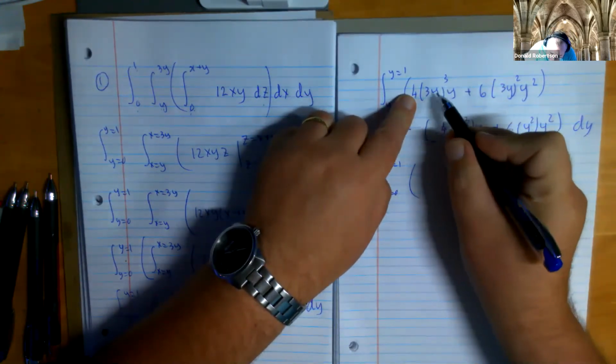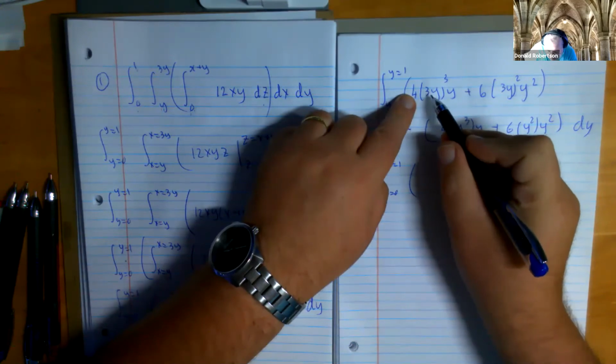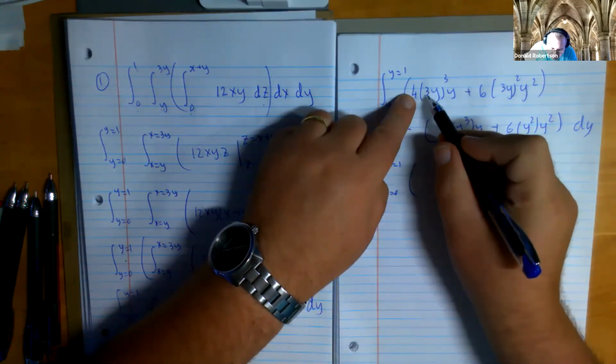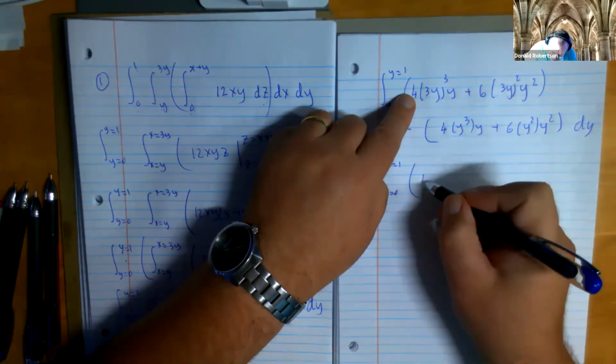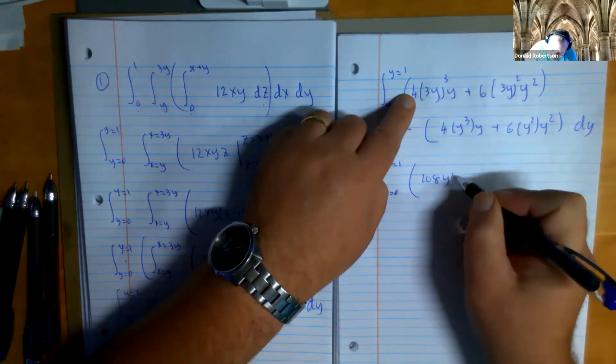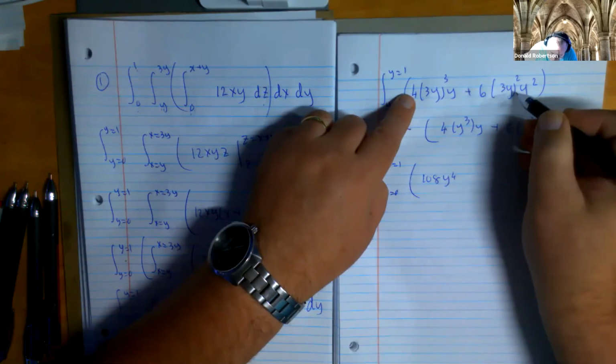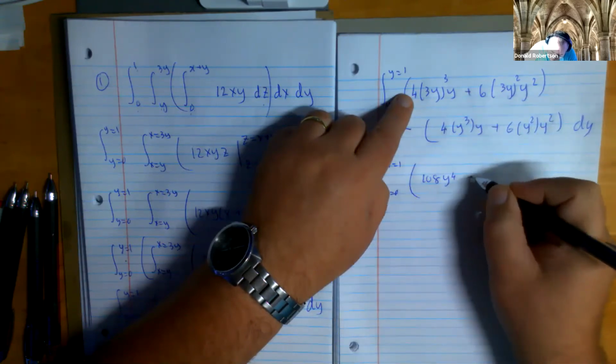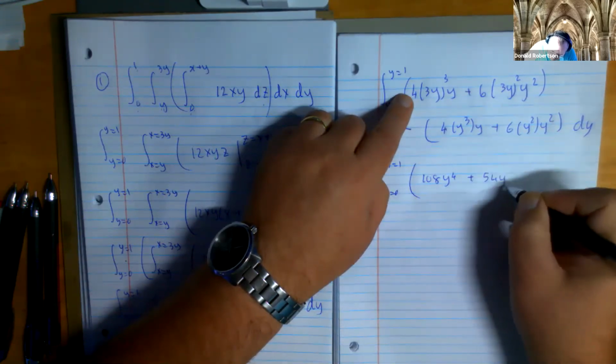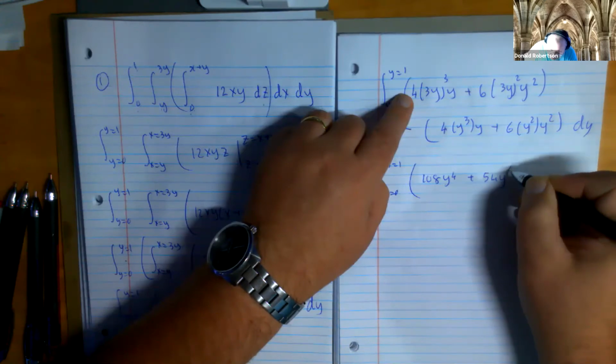This one here gets you 3, 9, 27. 4 times 27 is 108 y to the 4. What's this? 3y squared is going to get 9y squared. 9 times 6 is 54 y to the 4.